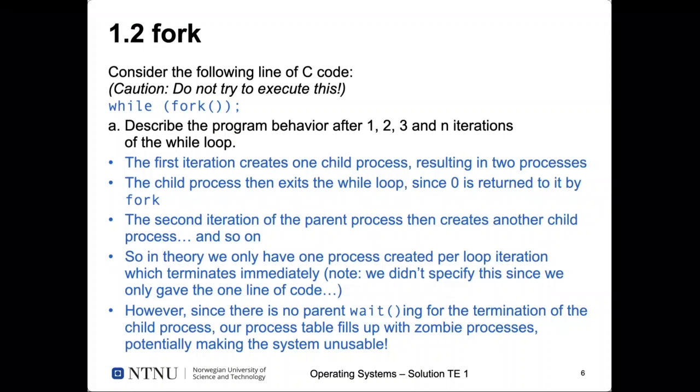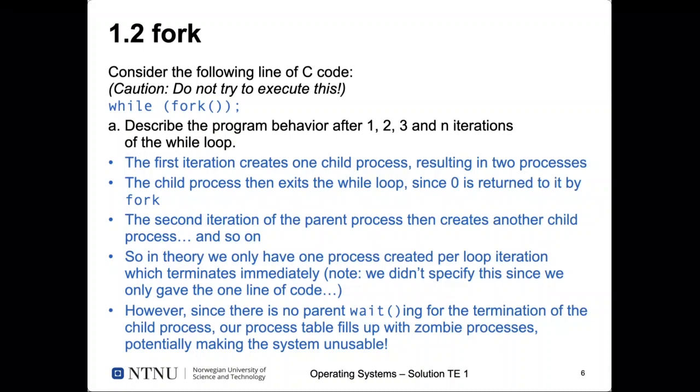So in theory, we only have one process that consecutively tries to create child processes which terminate themselves. So far, so good. Well, we didn't specify the termination immediately, obviously, but yes.